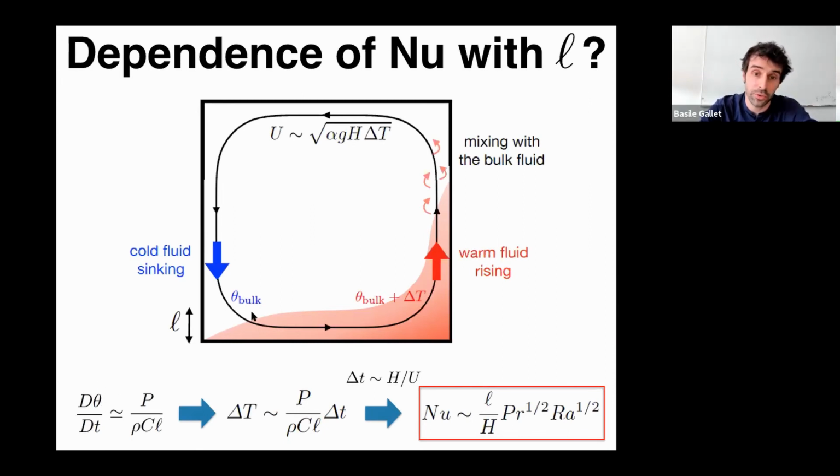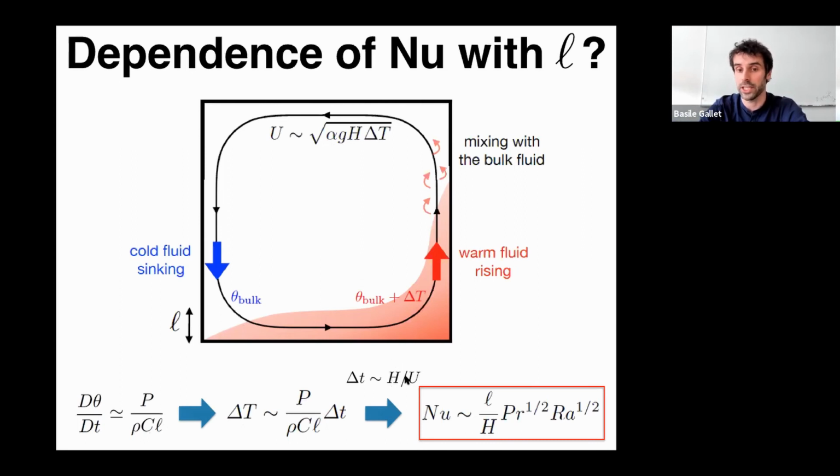Okay, so if you follow this fluid parcel, you write the Lagrangian derivative of the temperature. So the temperature, as we follow this motion here, will be governed by the source term in the temperature equation, which is the radiative source evaluated in the heating region here. It travels over time H divided by U for a square cell, where U is the typical velocity in these experiments. This is a free fall velocity, which leads to delta T being the heat source multiplied by the time to travel from here to here.